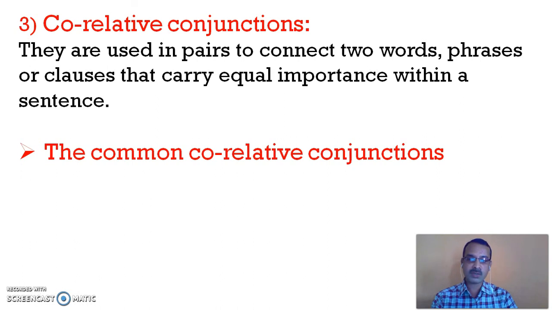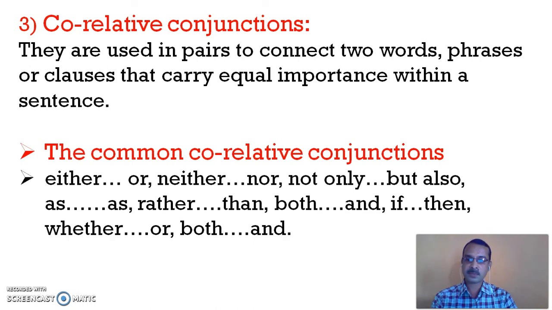The common correlative conjunctions are either or, neither nor, not only but also, as rather than, both and, if then, whether or. These are the commonly used correlative conjunctions. These conjunctions are written when both the clauses are equally important linguistically.